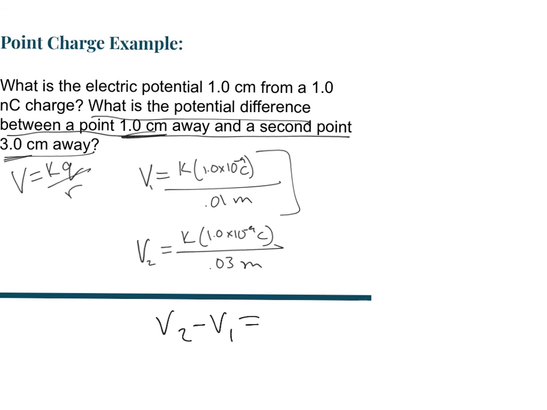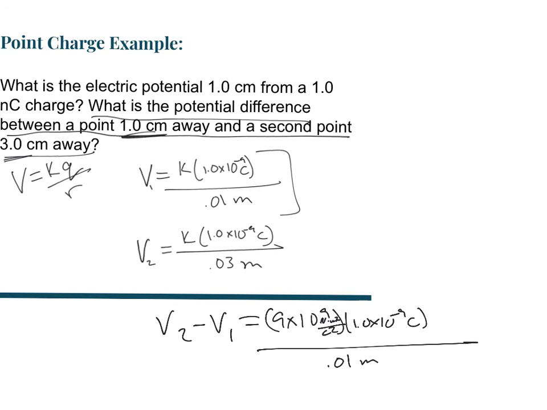equals 9 times 10 to the 9 is K, times 1.0 times 10 to the negative 9 coulombs. Let's see, I should probably include units for K, which is newtons times meters squared over coulombs squared, divided by 0.03 meters.